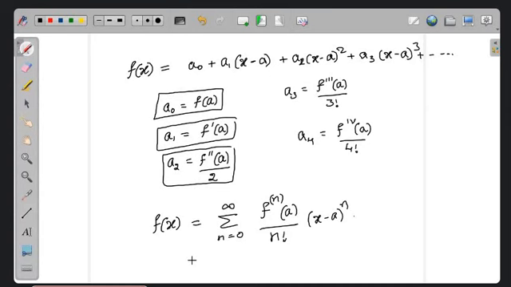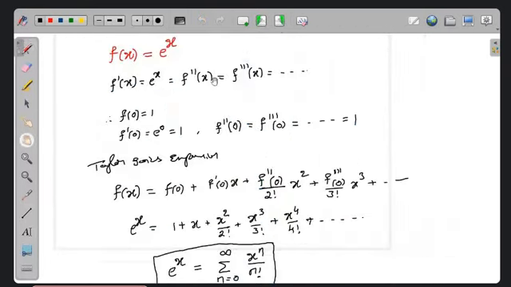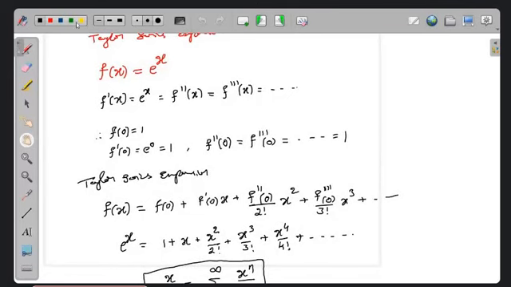And if you have a Taylor series expansion centered at 0, that is called the Maclaurin series expansion. It means if you plug in a equal to 0, that is the Maclaurin series expansion. So whatever we found earlier, for example cos x at 0 and similarly the e power x expansion at 0, these are called Maclaurin series expansions.